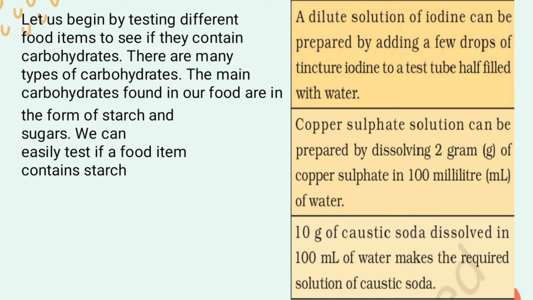Ten grams of caustic soda dissolved in 100 ml of water makes the required caustic soda solution.